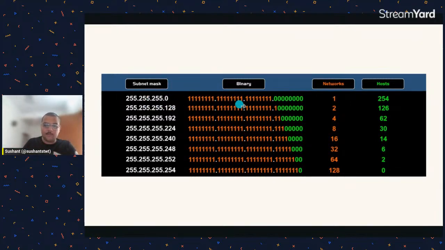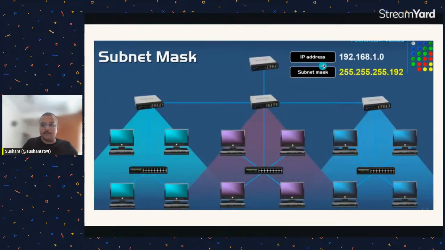So over here, this is the subnet mask. If you take one more zero and make it one, your hosts will fall. So this 000s means you can connect to 256 hosts. If you take one more one up, you can connect to 126 hosts, and slowly it will reduce. So you will have more networks, but fewer hosts. So this is how it will look.